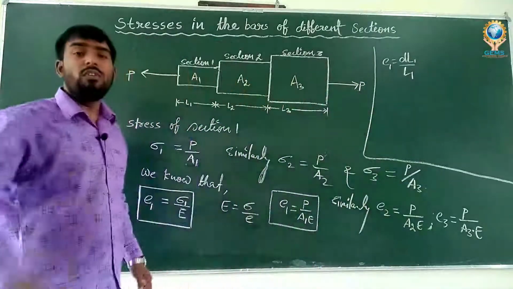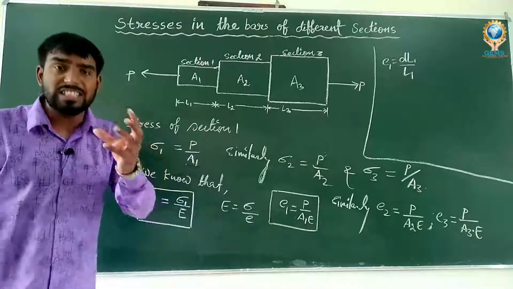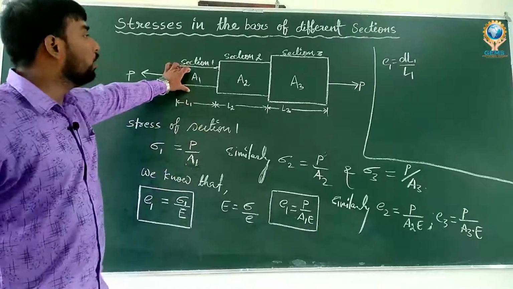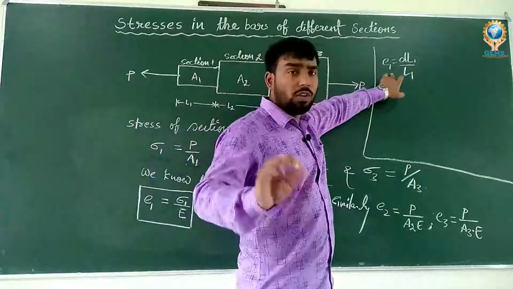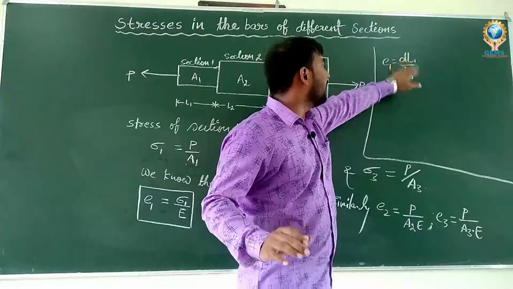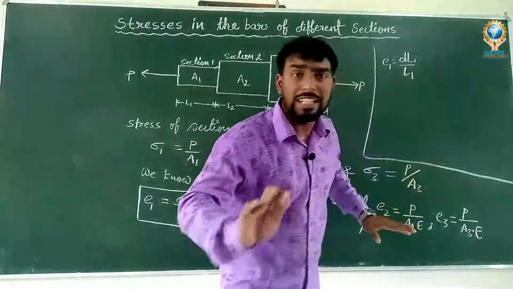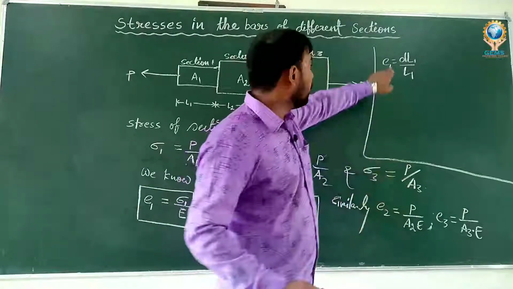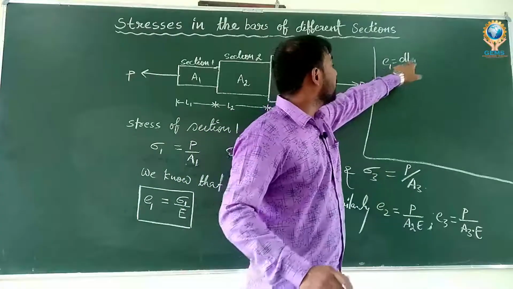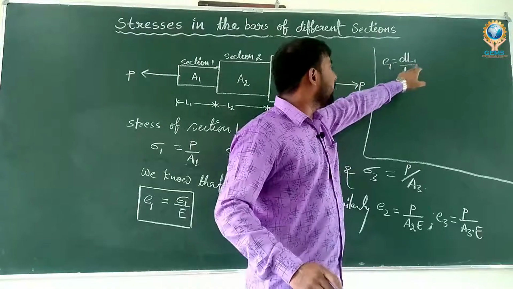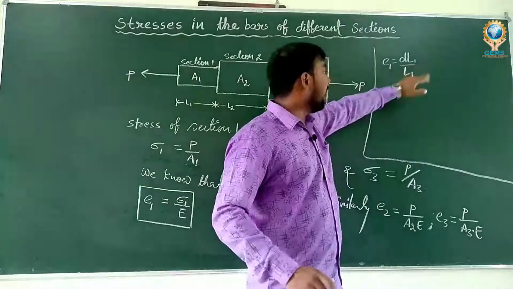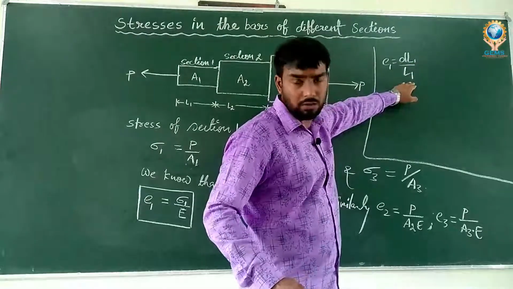We put 1 in each and every term, so strain 1 equals change in length 1 divided by original length L1.